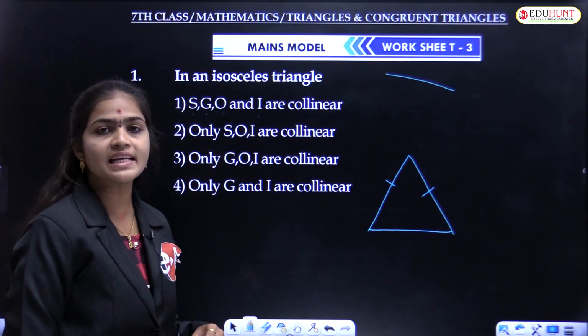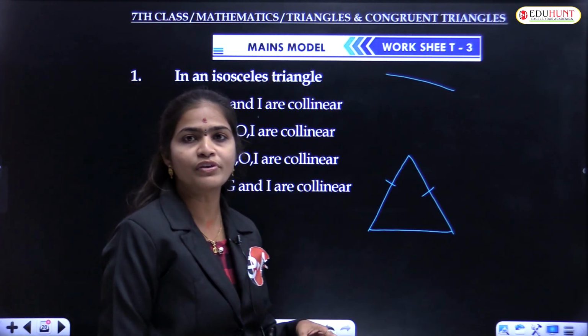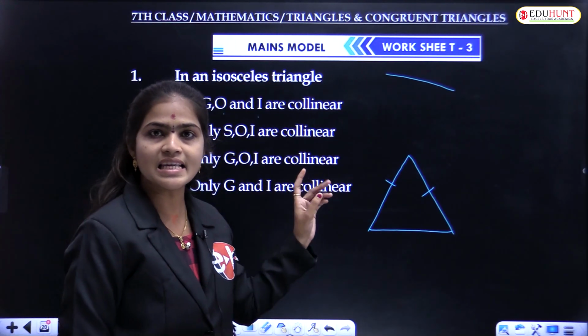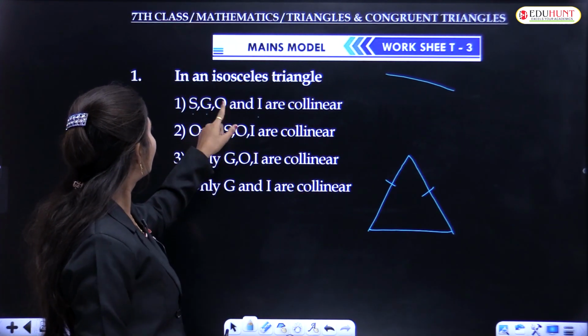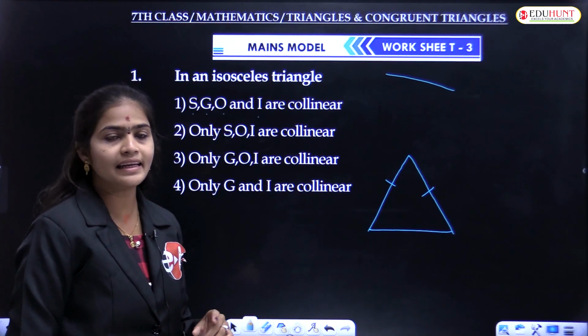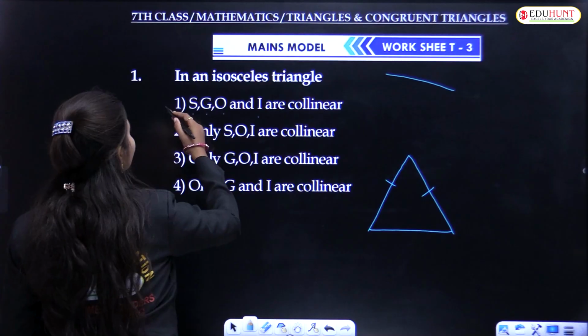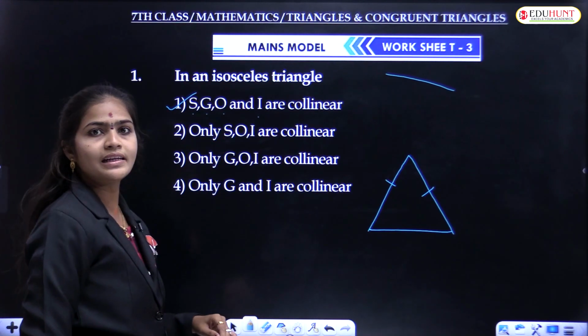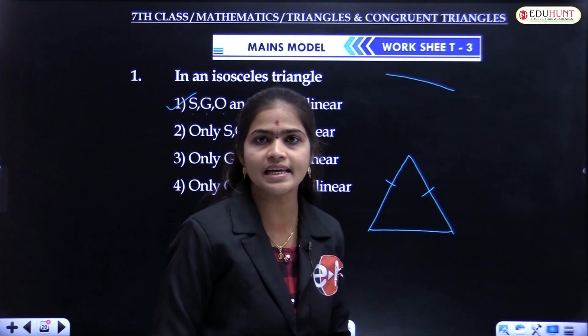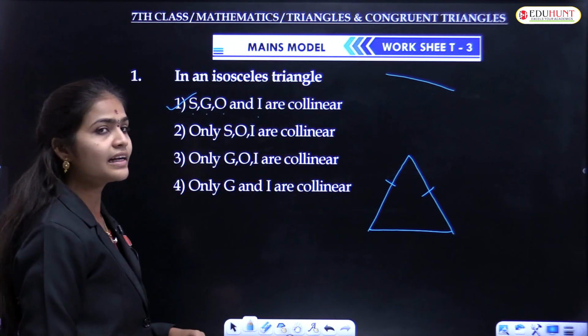According to these options, in any type of triangle the circumcenter, centroid and orthocenter always lie collinear. So we can say that all these concurrent points lie collinear in a triangle. Which option is correct? Yes, option 1 is correct here.